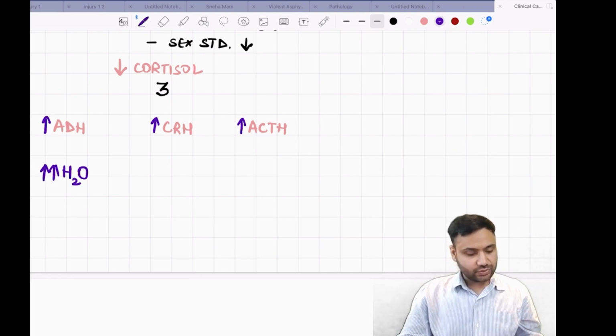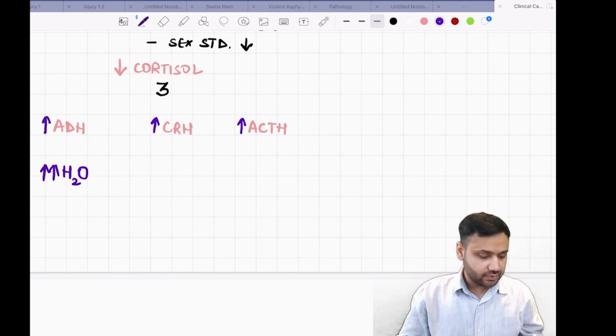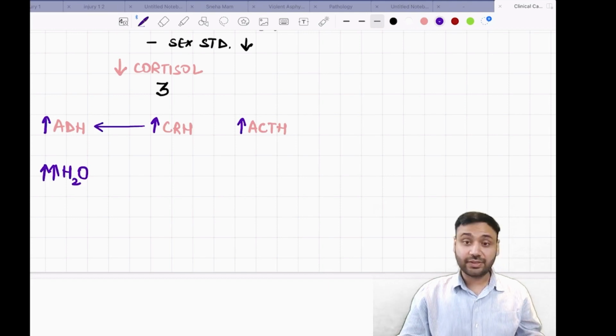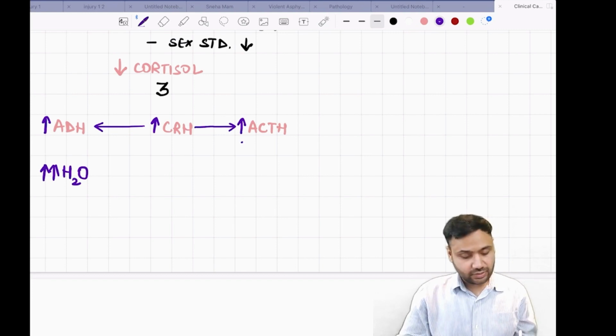For CRH, increased CRH increases ADH, which would in turn increase water absorption and lead to hyponatremia. The second effect is that CRH causes more ACTH to be released from the anterior pituitary.